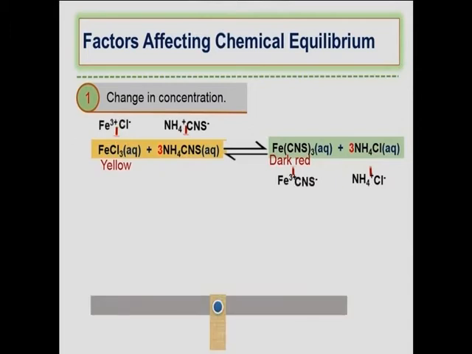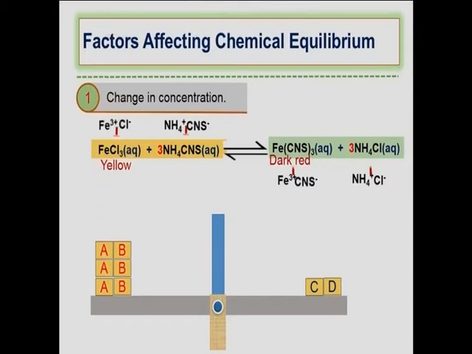For example, now let's say the system has attained the state of equilibrium. Let's say A is our ferric chloride, B is ammonium thiocyanate, C is ferric thiocyanate, and D is ammonium chloride. Now you can see there is a state of equilibrium. Now let's change the concentration by adding some more reactant.